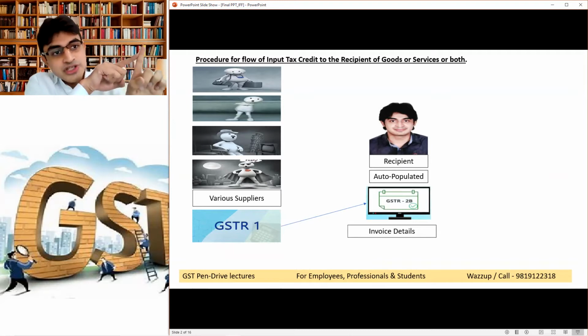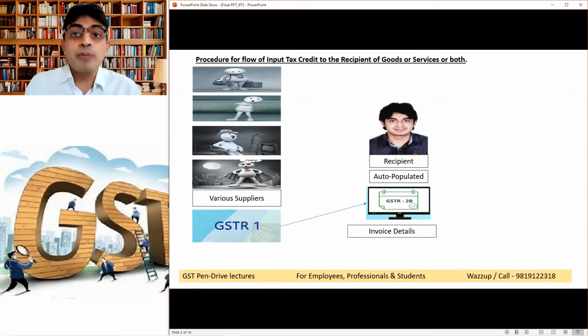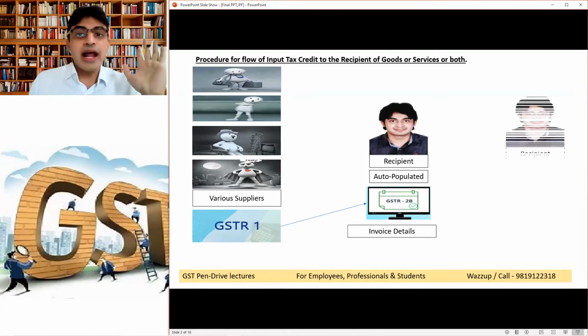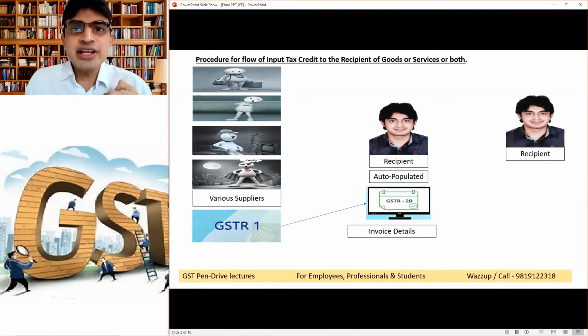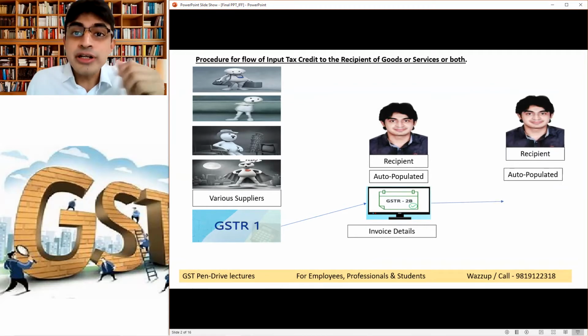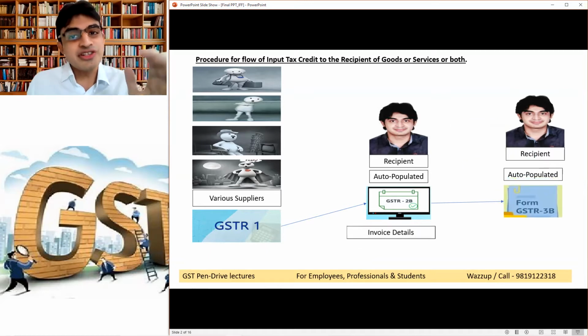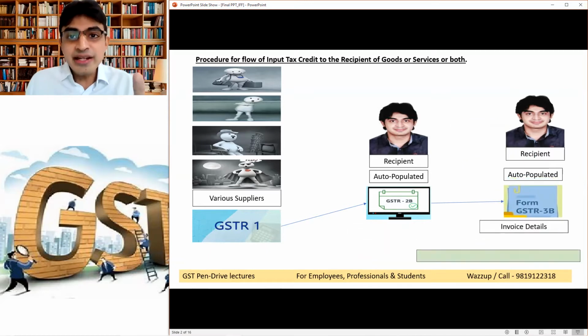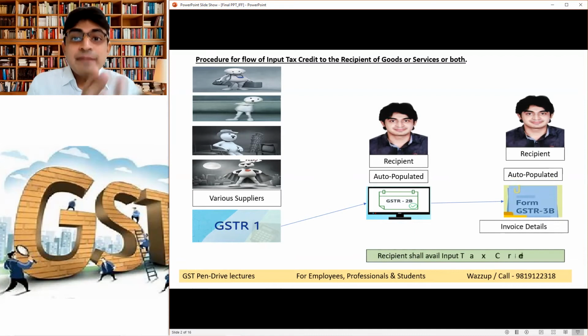GSTR2B. So from the supplier's GSTR1, ITC details shall be auto-populated in the recipient's GSTR2B. And from the recipient's GSTR2B, the invoice details again get auto-populated in which return? Form GSTR3B. And then you can avail the input tax credit in your GSTR3B return.